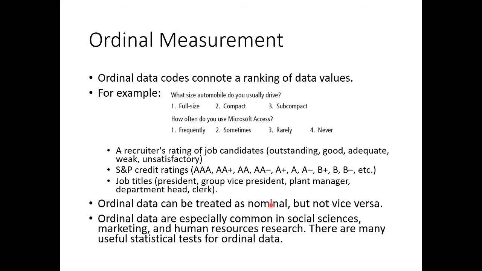Nominal data means data which has no order, and ordinal data is nominal data which has order. So if you have nominal data but it has more information, such as some order, then we say that it is ordinal measurement.